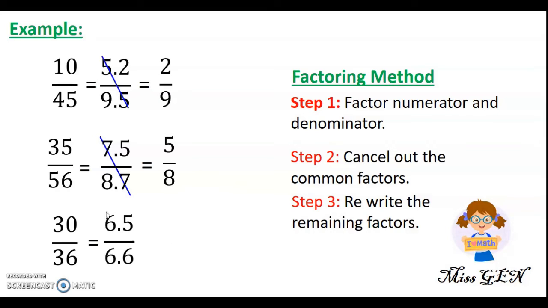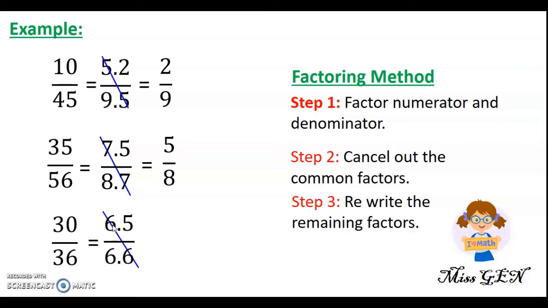Step 1, factor numerator and denominator. So we have 30. The factors of 30 are 6 and 5. And for our denominator, which is 36, the factors of 36 are 6 and 6. So cancel out the common factor. So we will cancel out 6, but we cannot cancel out all the 6s.